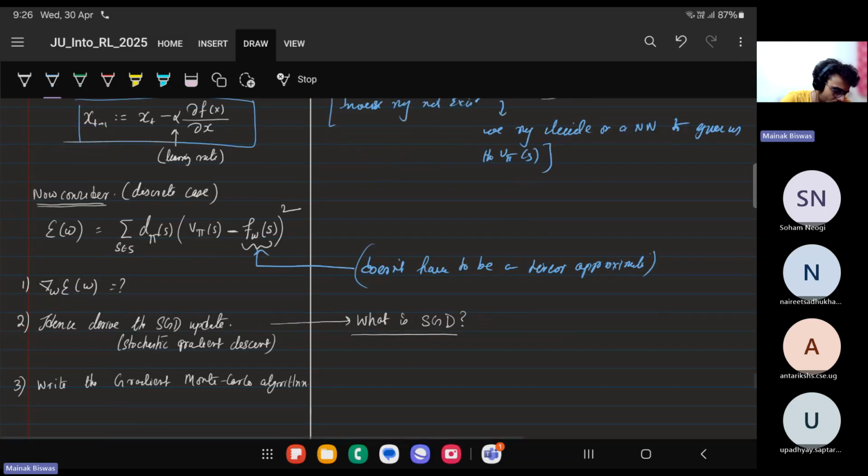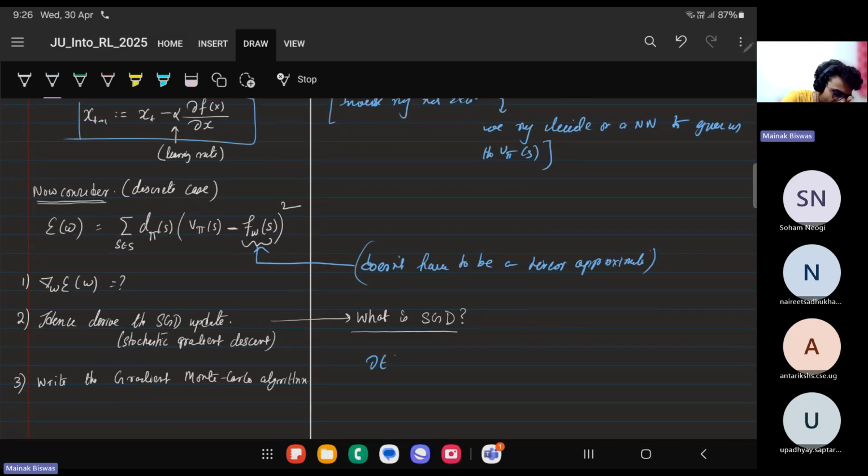So let us take the derivative of this error function with respect to W. Tell me, what will this be? So say this is half. So this will be minus. And what will I multiply with this?